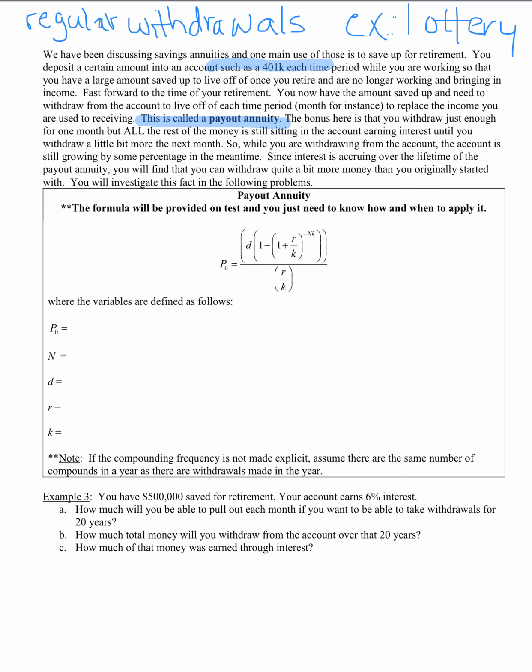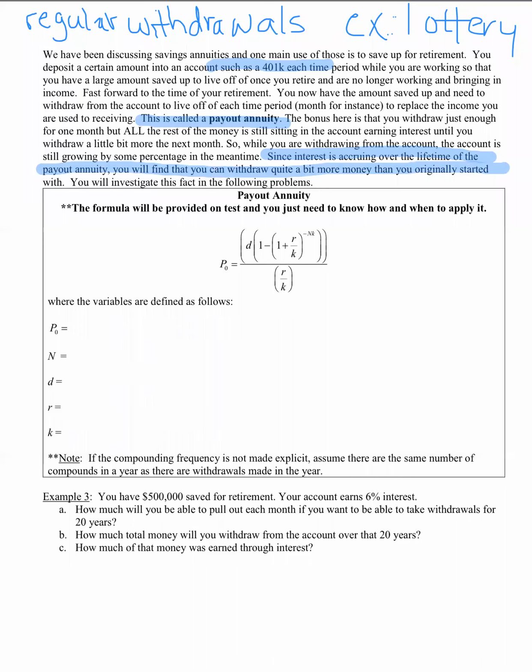Now, the good part about a payout annuity is you're still earning interest on the money you left in. So it makes your money last a little longer than just taking it out as a lump sum, because you're still earning interest the entire time.